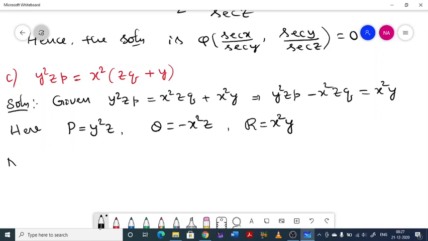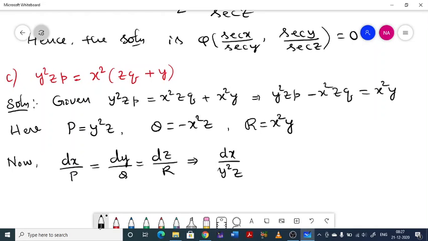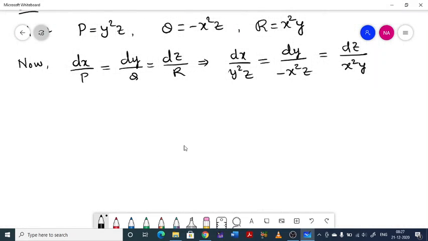Now dx by p equal to dy by q equal to dz by r implies dx divided by y square z equal to dy divided by minus x square z equal to dz divided by x square y. Now you can separate the variables here. You can use separation of variables.